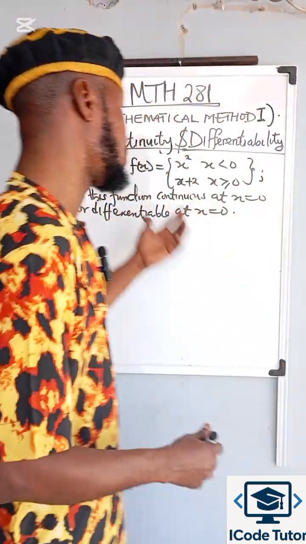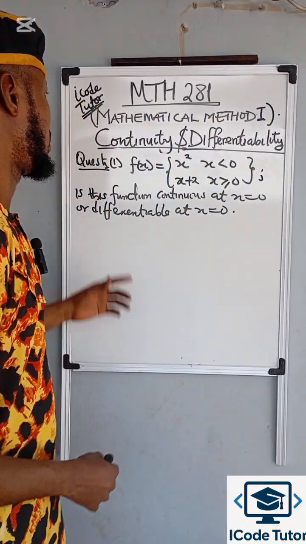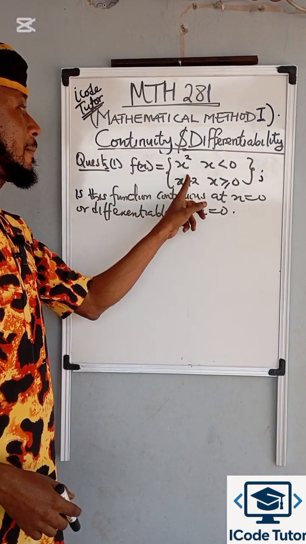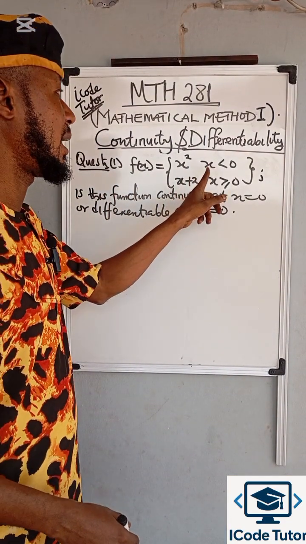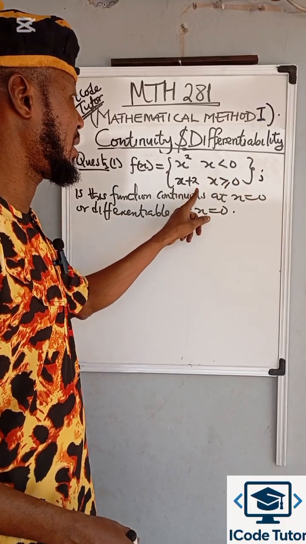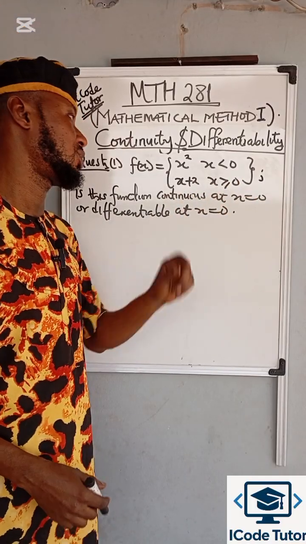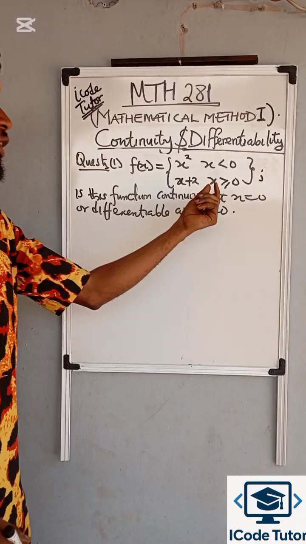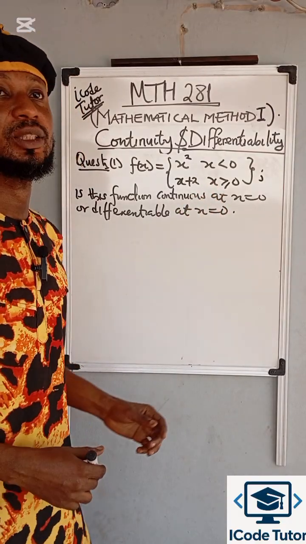Let's look at this example of a function. f of x equals x squared as x is less than 0, and x plus 2 as x is greater than or equal to 0. Now, is this function continuous at x equals 0 or differentiable at x equals 0?